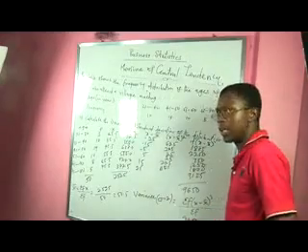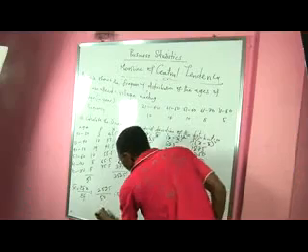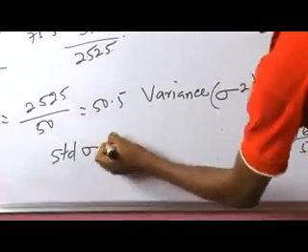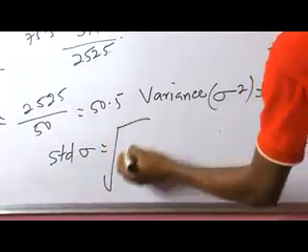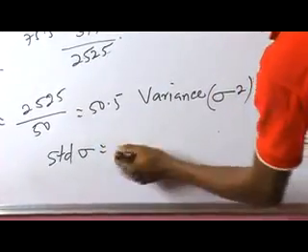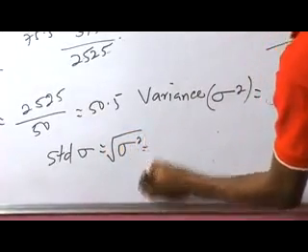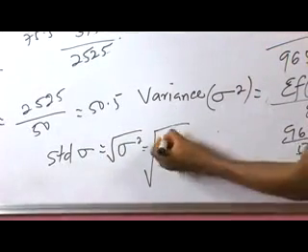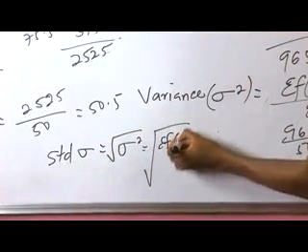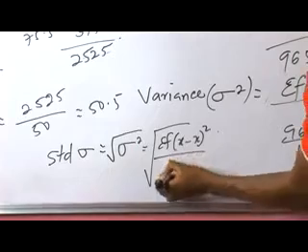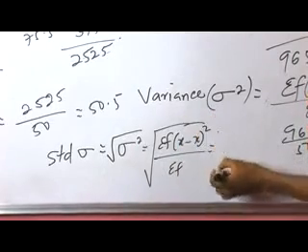This is our variance. Now to calculate our standard deviation, we take the square root of variance. You remember that our formula is this. So square root of variance is the same thing as square root of sigma f times x minus x bar squared all over sigma f.